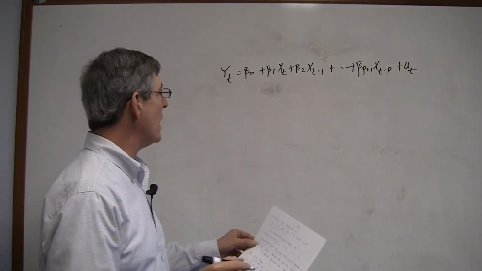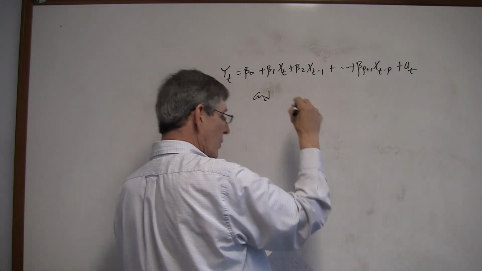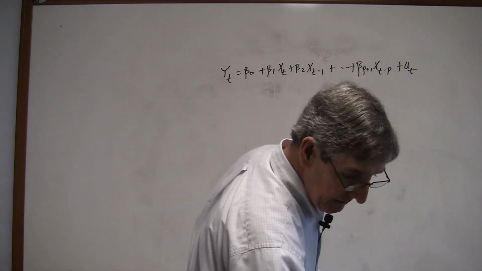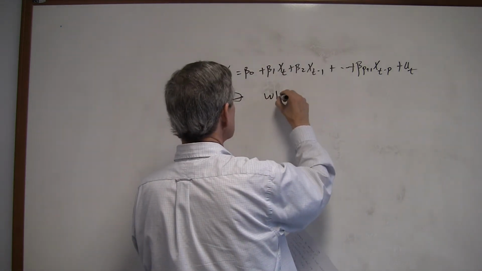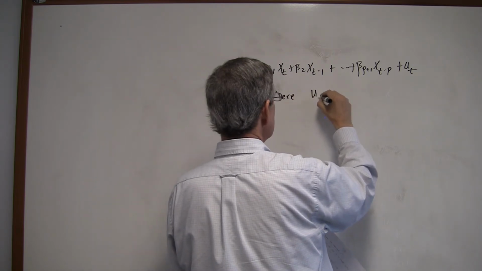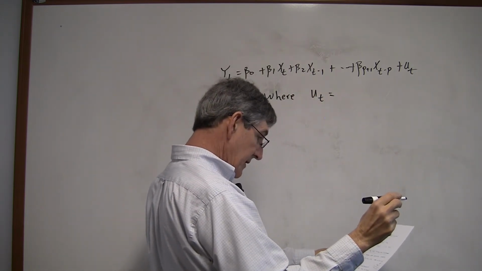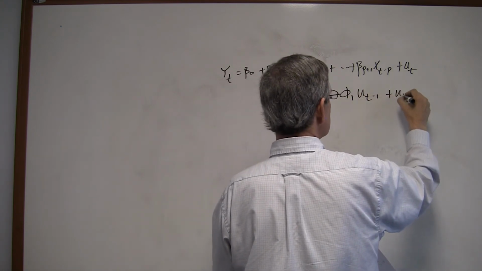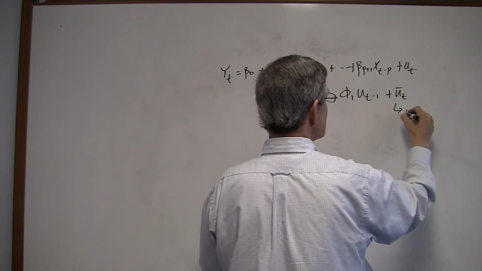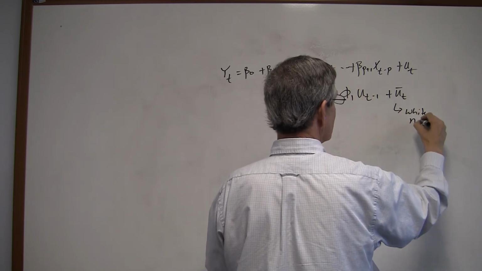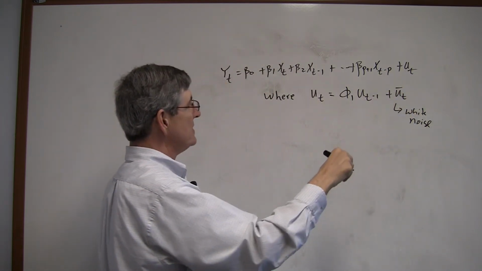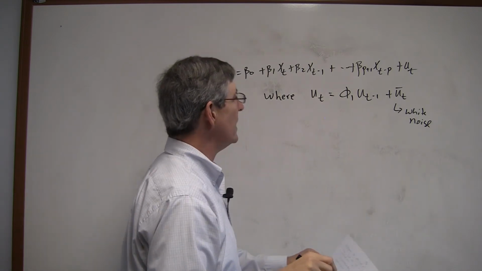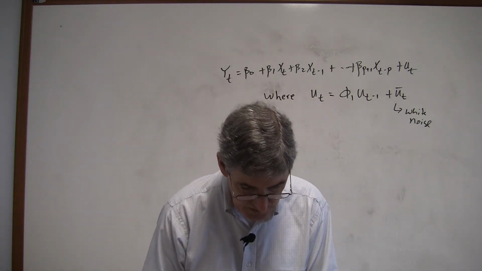So what if we have this model where ut, see, we use phi1 in this class, is phi1 times ut minus 1 plus ut bar, where this is white noise. That has all the nice properties, ut bar, but ut is serially correlated because ut depends upon ut minus 1.